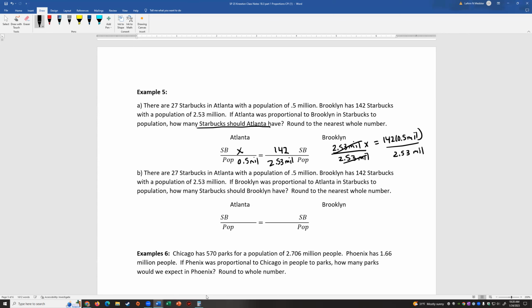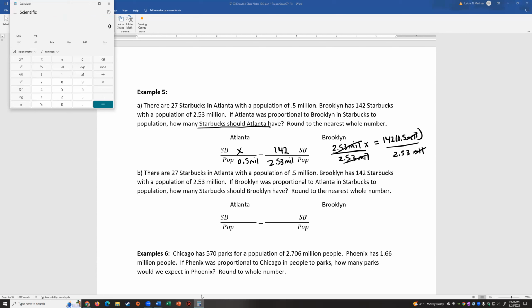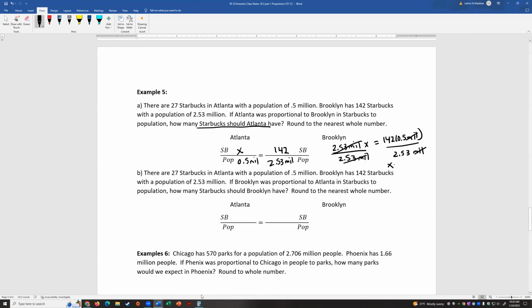Because they both are in millions, we can cancel out the word million, so we're just working with the numbers. That's 142 times 0.5 divided by 2.53, rounding to the nearest whole, so this is approximately 28.